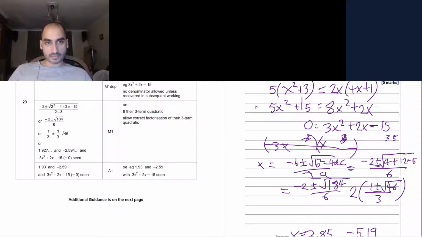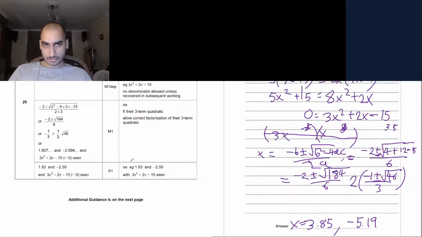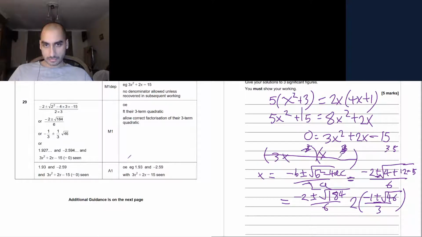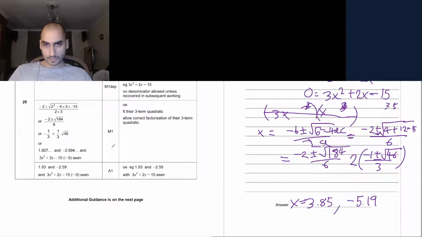Fourth mark for writing out the quadratic formula. So minus third plus or minus 1/3 root 46. I had that all multiplied by 2.